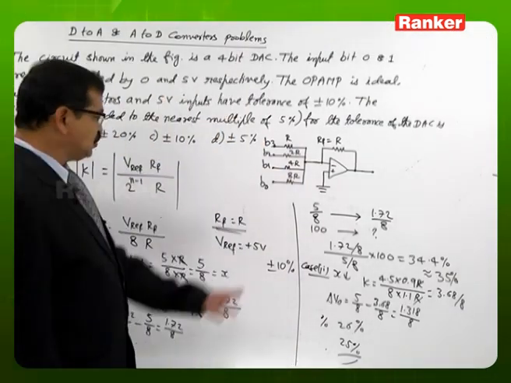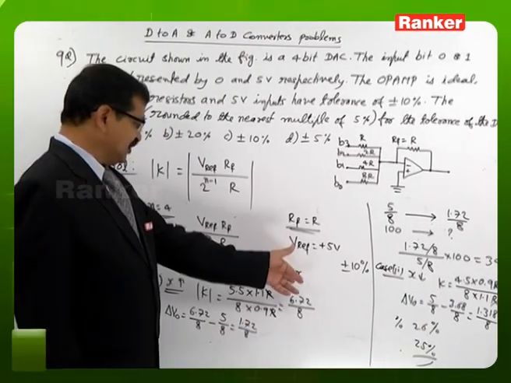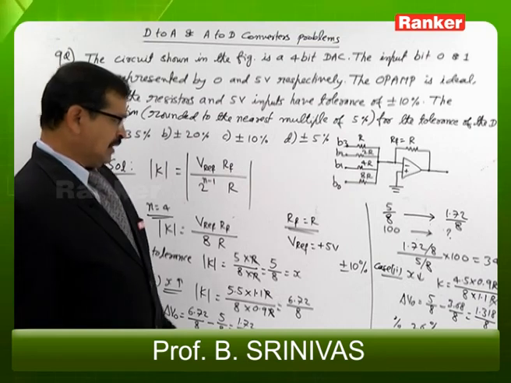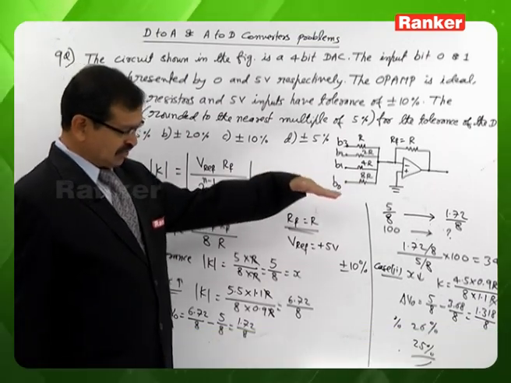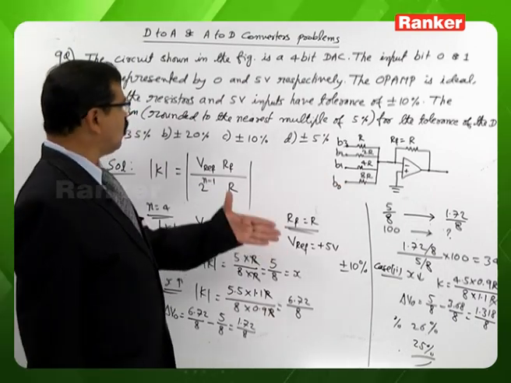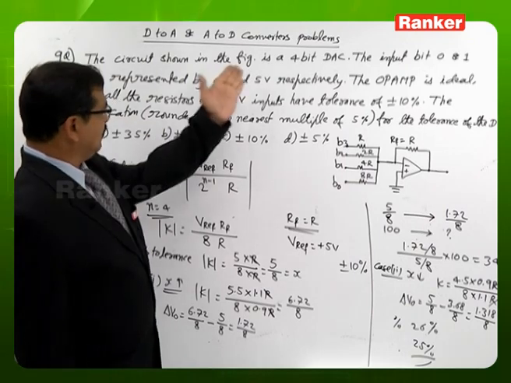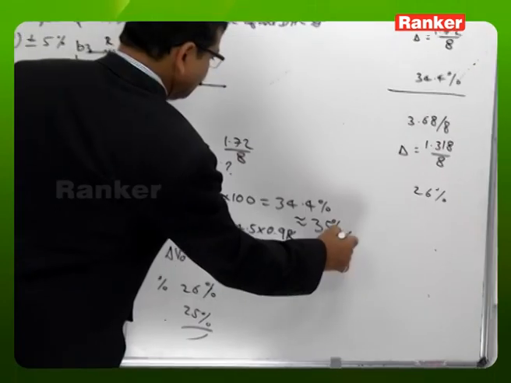So among these two, when K is moving to the higher side, the tolerance is coming to be a higher value compared to the case when K is going to the lower side. Based on this, what is the maximum tolerance of this digital to analog converter? The maximum tolerance will be this.